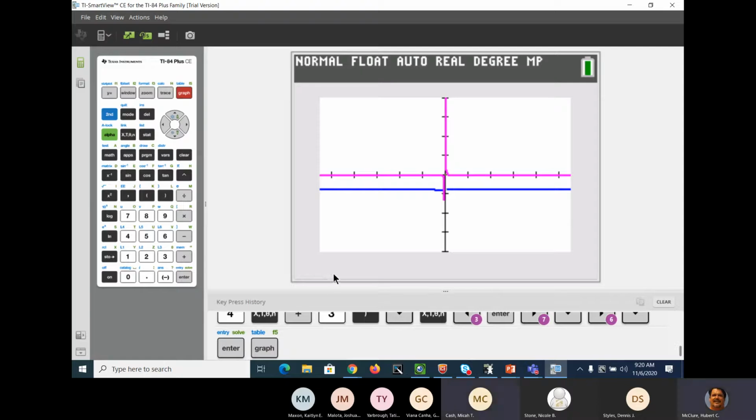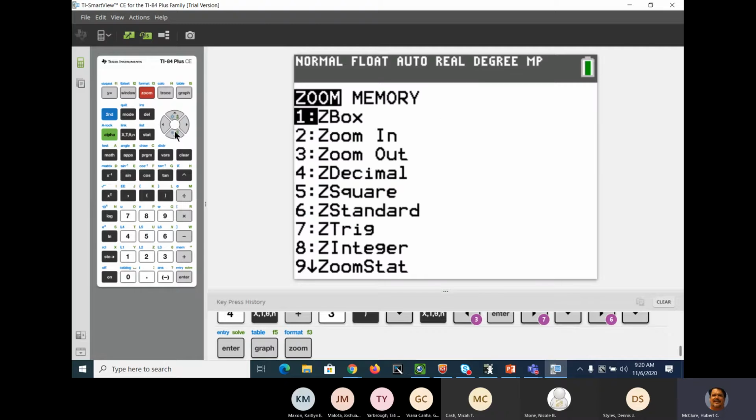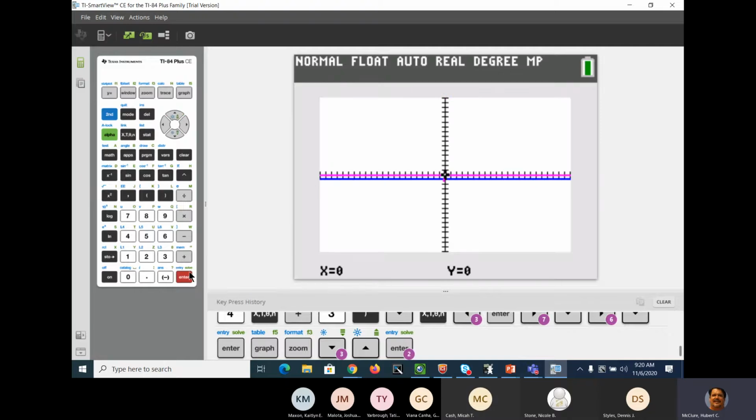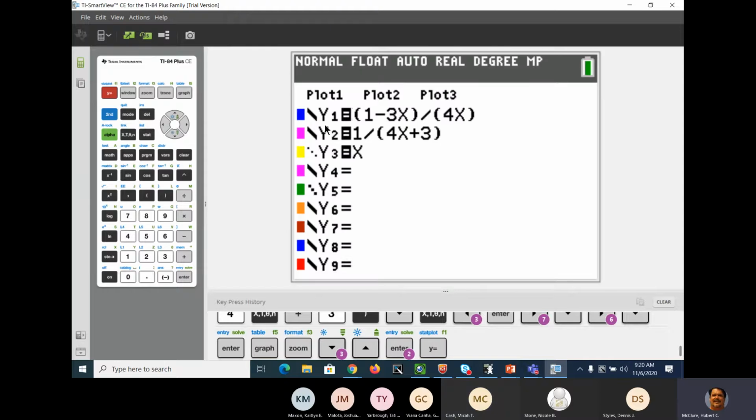Okay, that doesn't look right at all. Make sure I typed everything in right. Let me zoom back. Sometimes you have to zoom out to see what you got. No, something's not right. Let me check. 1 minus 3x over 4x, and then 1 divided by 4x plus 3.